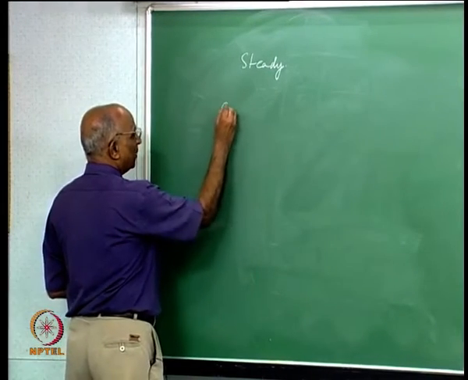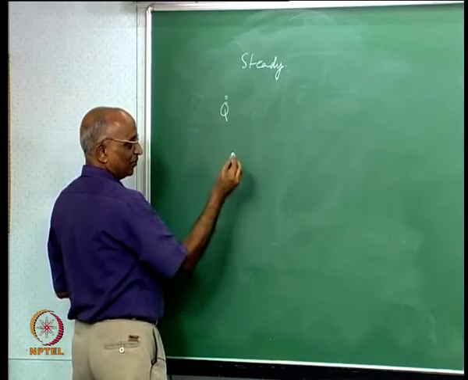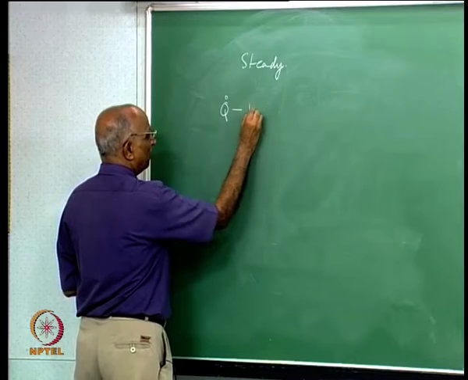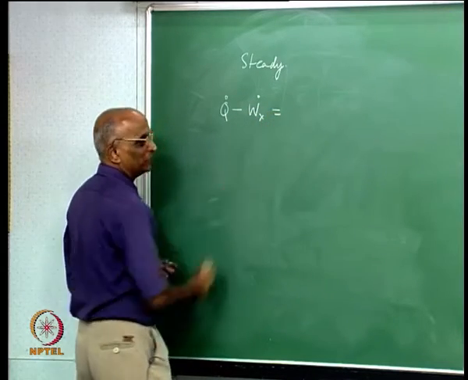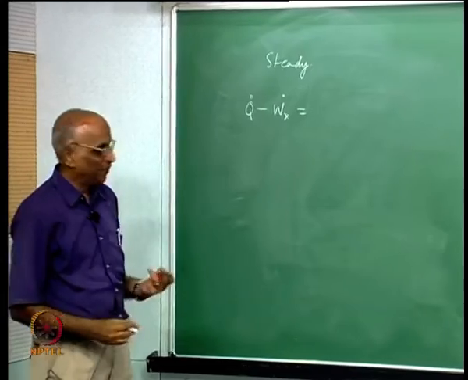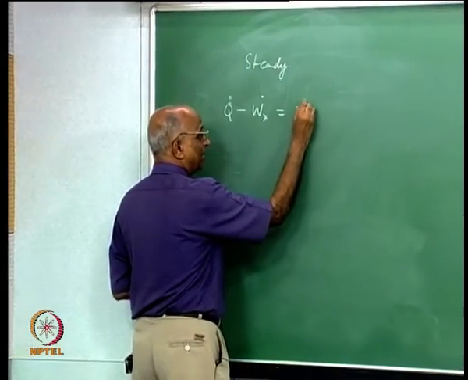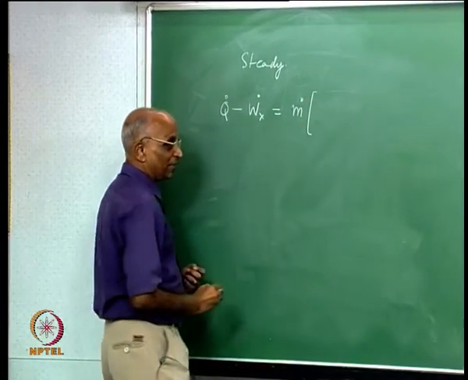Therefore, I have Q, the rate at which heat is entering the vent, minus Wx, the rate at which work is done, is equal to what happens? The mass which is entering the vent and leaving the vent is m dot.